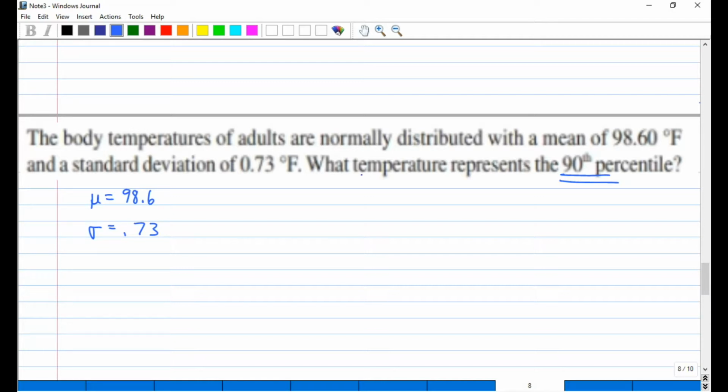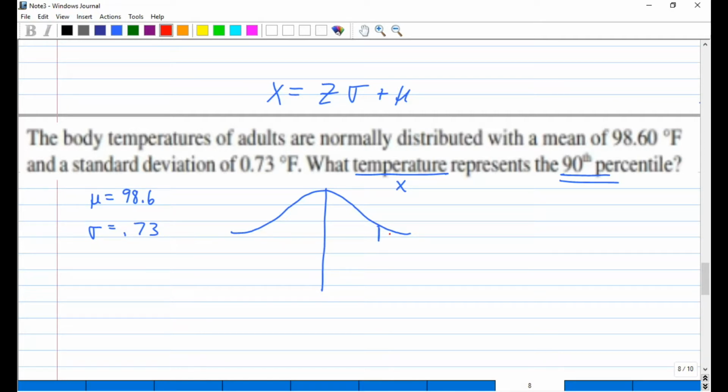Okay, so the temperature, that's going to be our x value. That's what we're trying to find here. So x equals z times sigma plus mu. We have sigma, we have mu, we just don't have z. So what are we actually looking for? Well, if I was under this bell-shaped curve and I wanted to know what the 90th percentile is, the 90th percentile is going to be located over here, and what does the 90th percentile do?